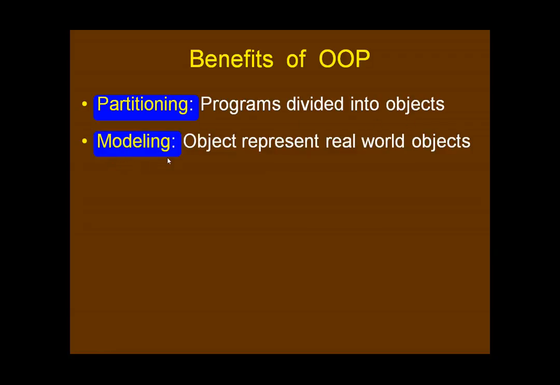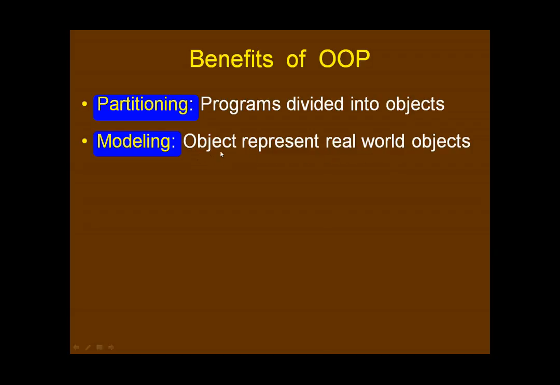Second, modeling. That is, objects represent real-world objects. Real-world objects are identifiable, classifiable, and interacting natured things or entities.